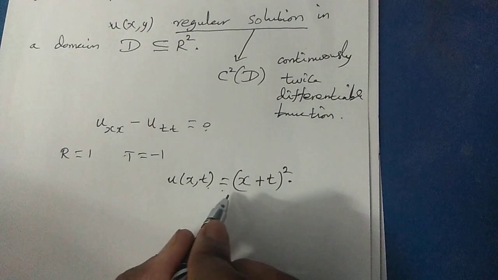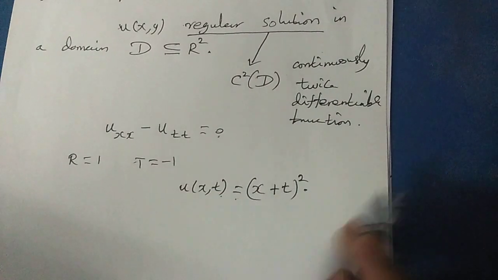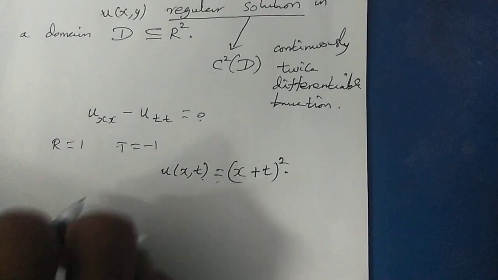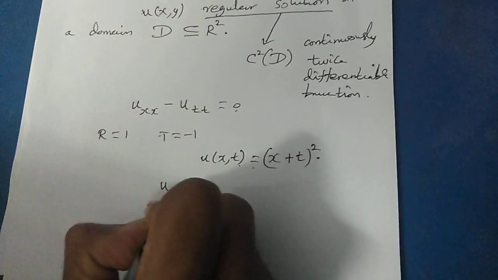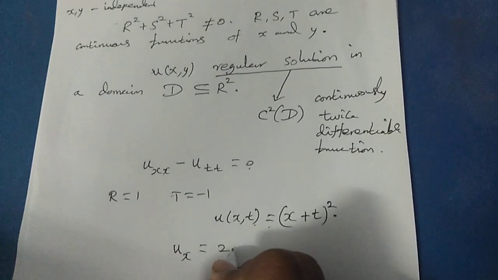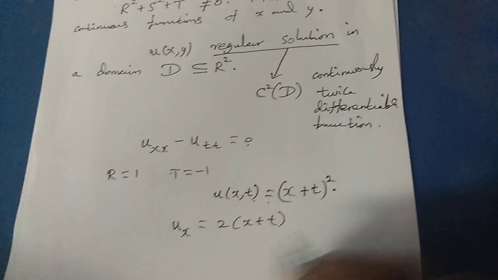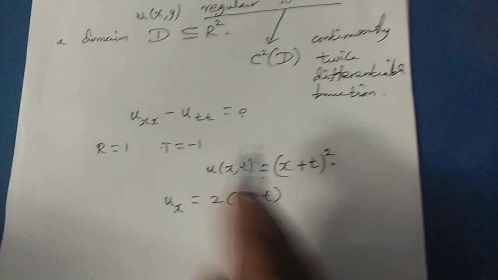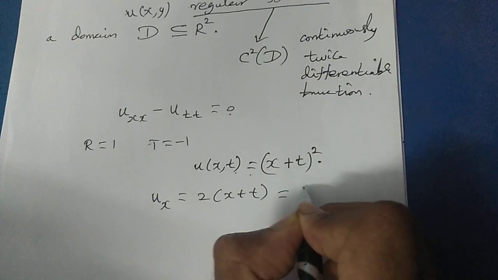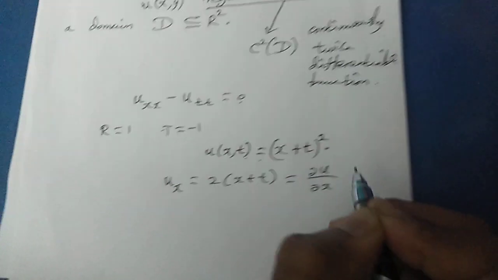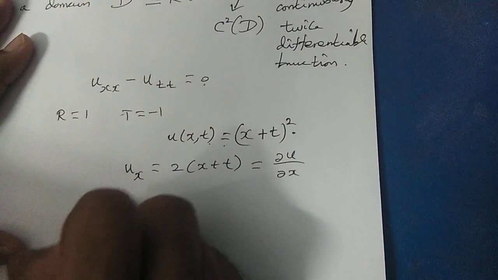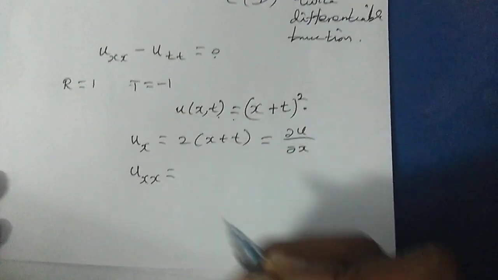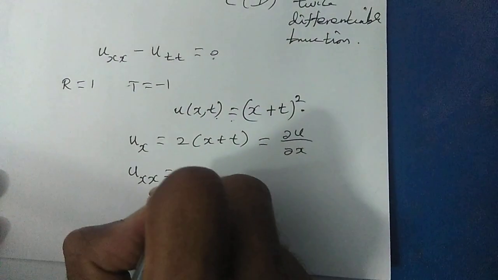First let me check whether this function satisfies our equation. What is ux? ux is 2 into x plus t, differentiating this function partially with respect to x. Another notation for this is dou u by dou x, and uxx is 2.